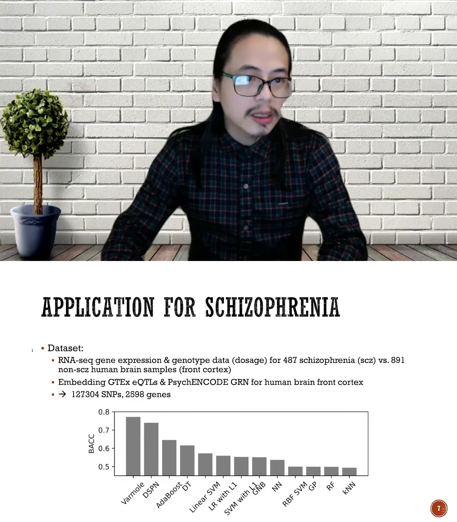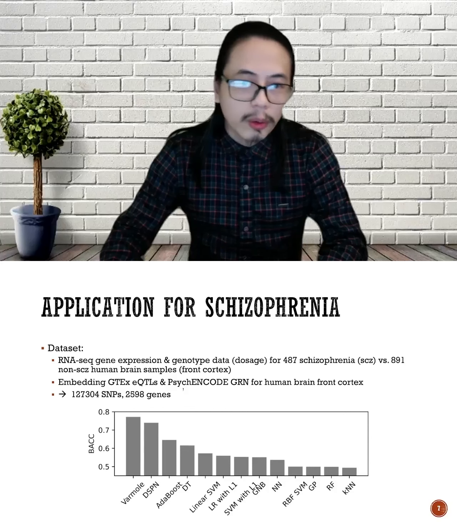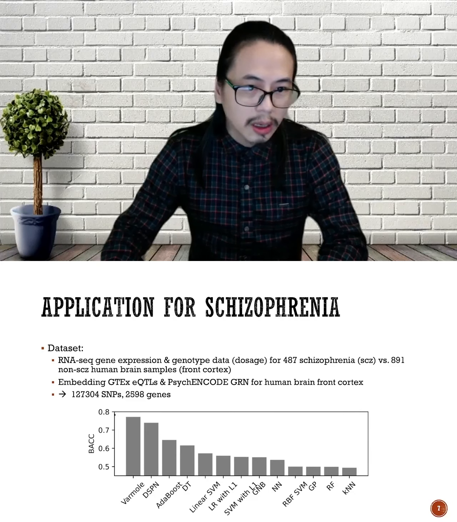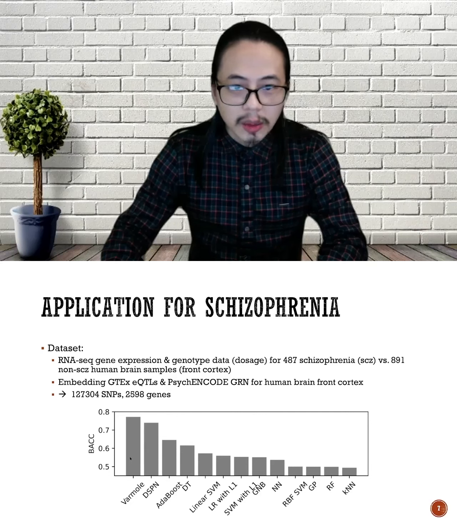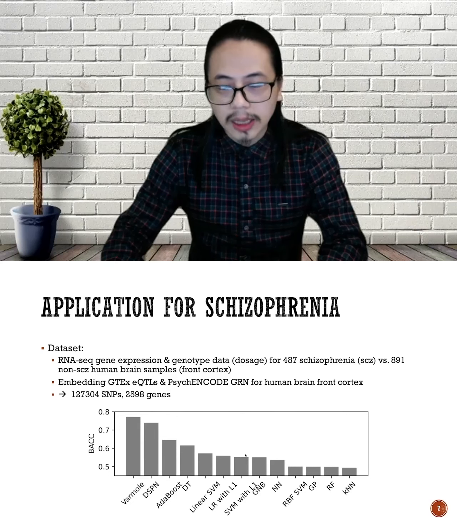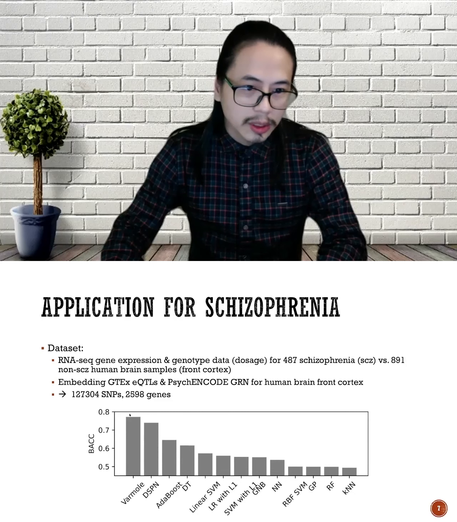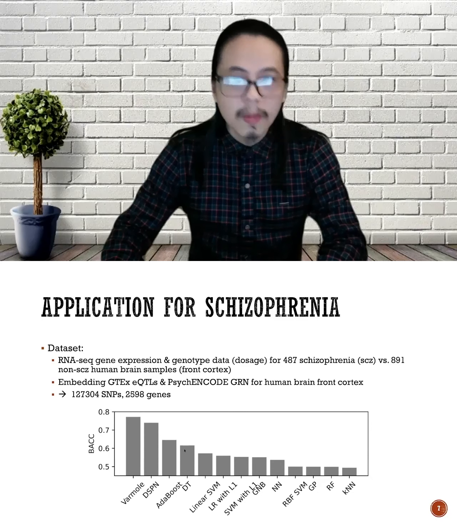Training on this data set with Varmole, we get a high accuracy score, as you see in this bar chart, compared to the other state-of-the-art methods. So you see Varmole is here.